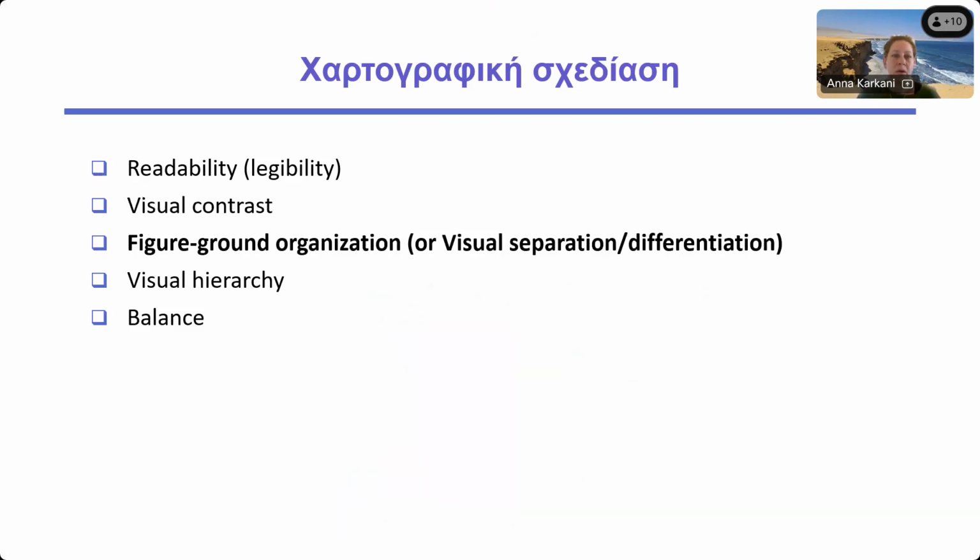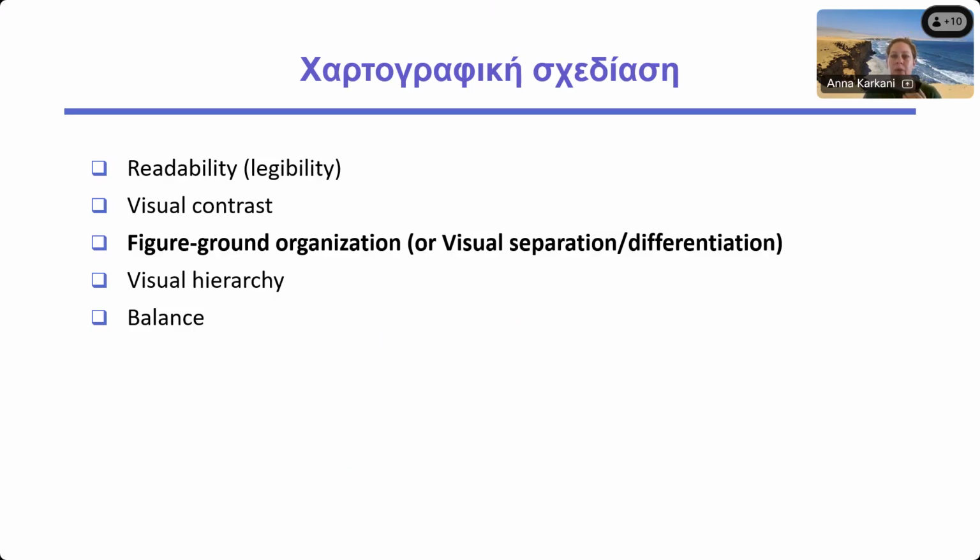Then there is what we call visual separation or differentiation, which has to do with trying to create a map where the map elements and the background are separated, can be differentiated. So someone who takes the map can understand what is the background and what are the map elements.